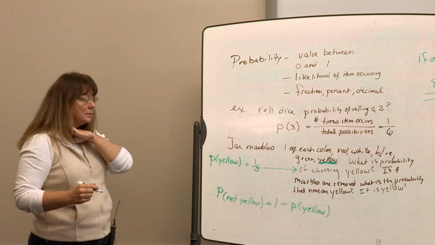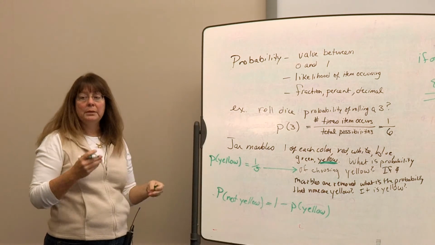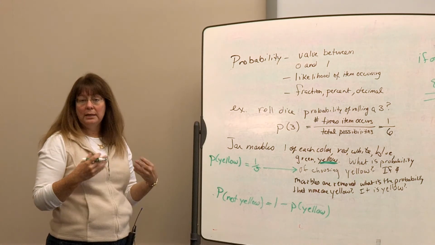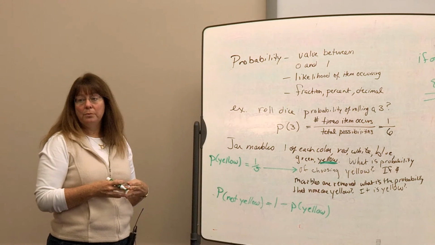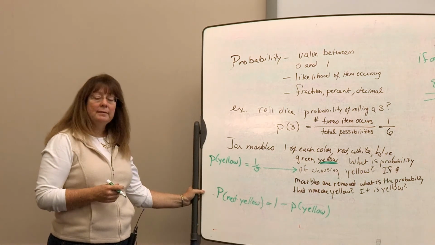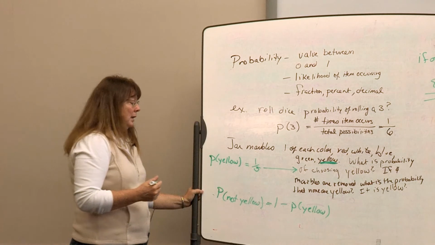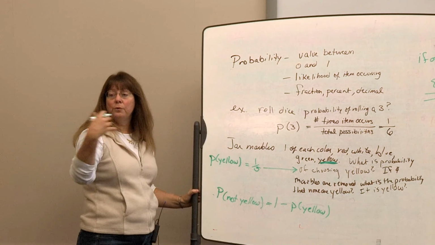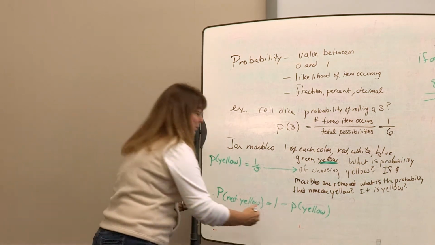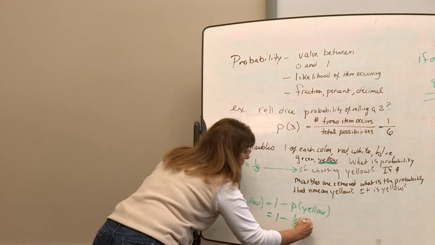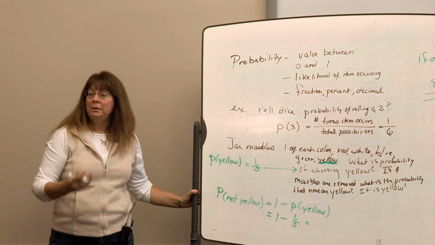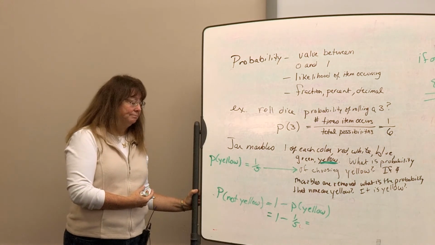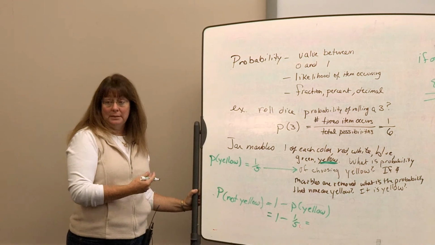And I can use that for my last question. I want to find out what the probability is that I do not get a yellow marble, that when I take it out, there's no yellow marbles that's been taken out. So the probability that it's not yellow, well, I had a 1 in 5 chance that it was, so I'm looking for its opposite. So the opposite idea would be 1 minus the 1/5. 1 being 100%, and 1/5 or 20% of the time it is yellow.